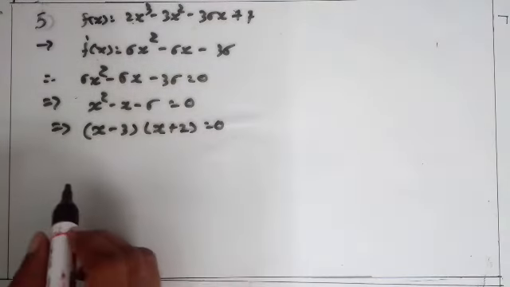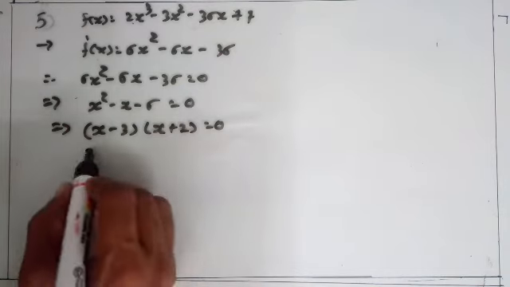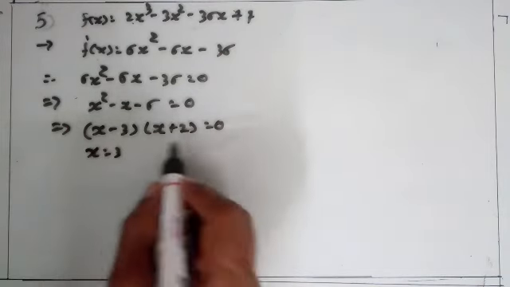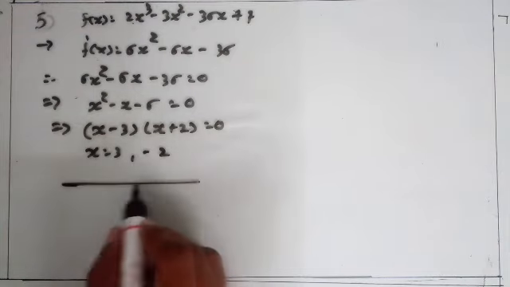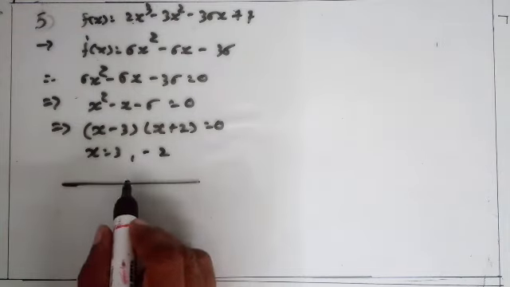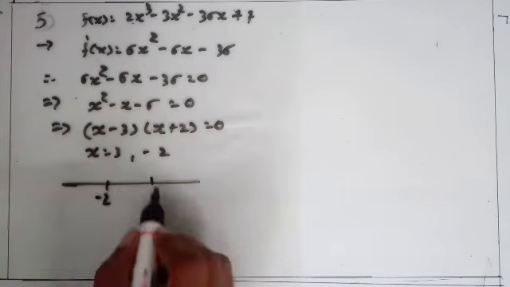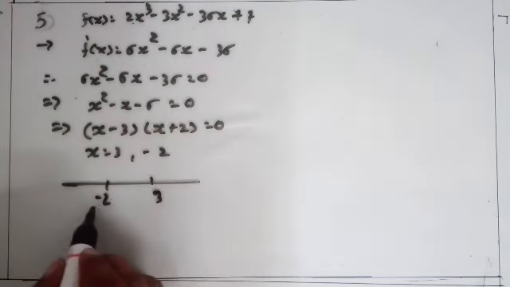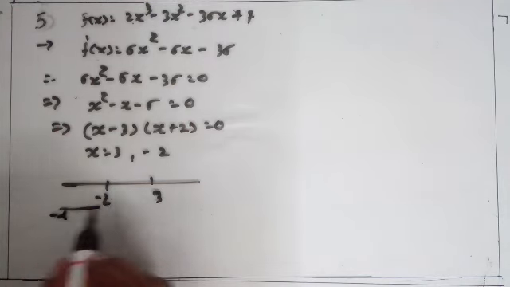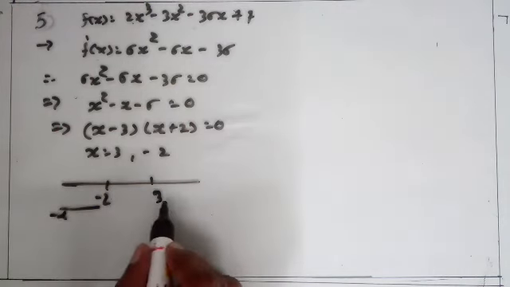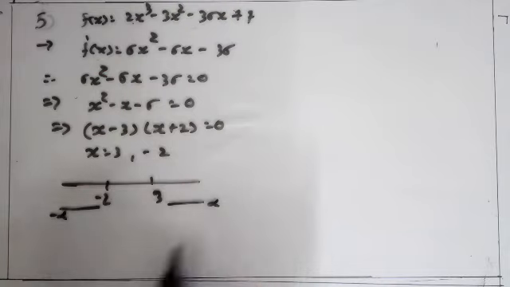Okay. So x = 3 and x = −2. So change into interval form. Here −2 and 3. So the intervals are minus infinity to −2, −2 to 3, and 3 to infinity.